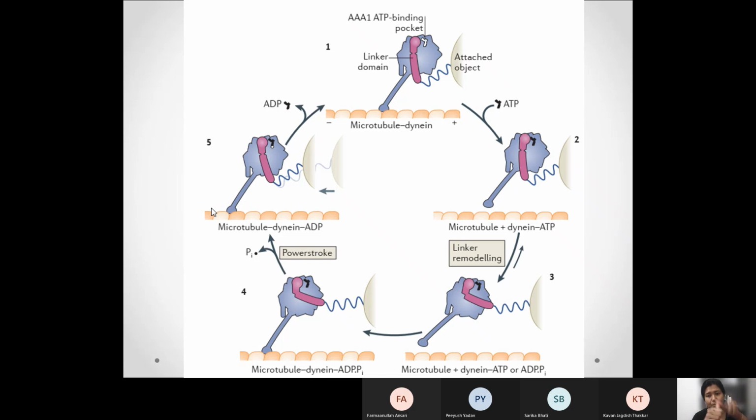It can take a step backward because there is a binding site for it at the back. So it could move backward, and then the other leg could move 2 steps forward or maybe 1 step forward before this other leg catches up. So dynein motion in that sense is not symmetric in the way the kinesin movement was symmetric.